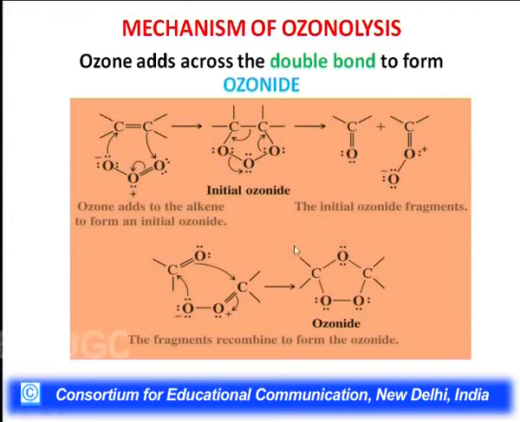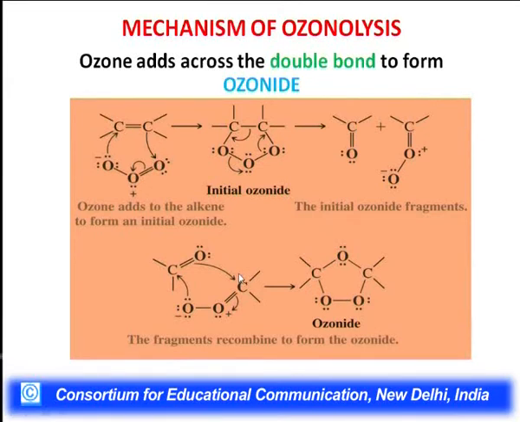So the recombination is taking place here. This carbon here is electron deficient since it is attached to an oxygen with a positive charge. This oxygen pulls the pi electrons towards itself, and it collapses on this oxygen, neutralizing the positive charge. And this oxygen acts as a nucleophile, and it comes and makes a bond with this carbon.